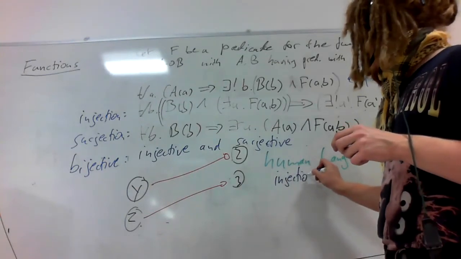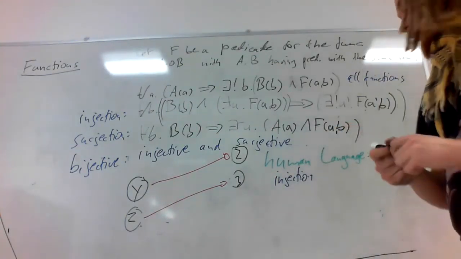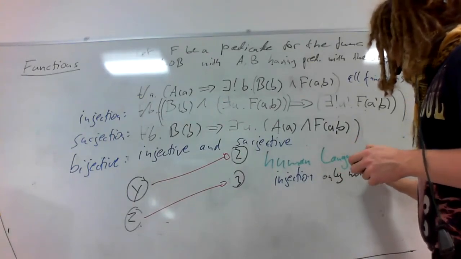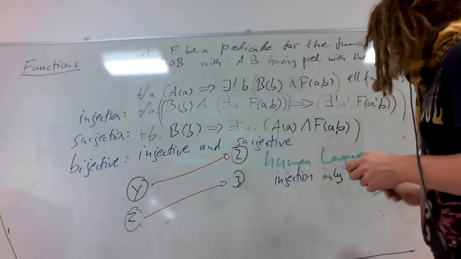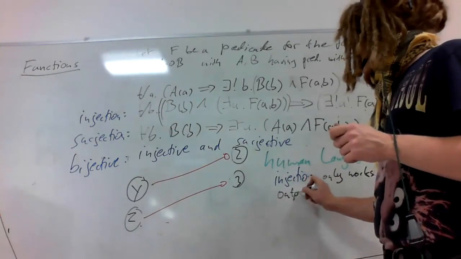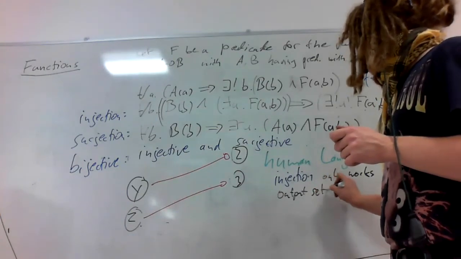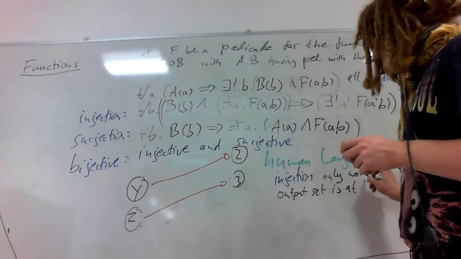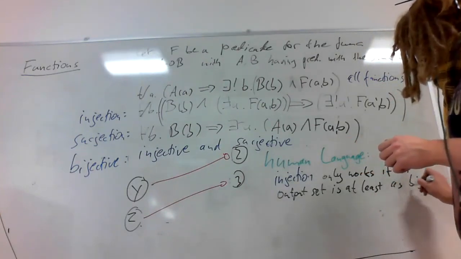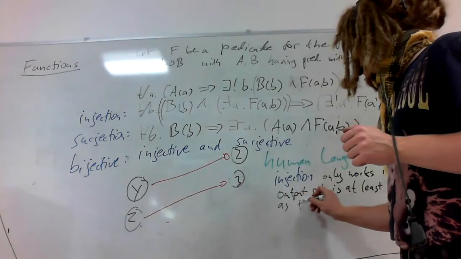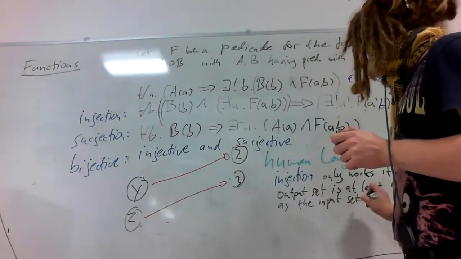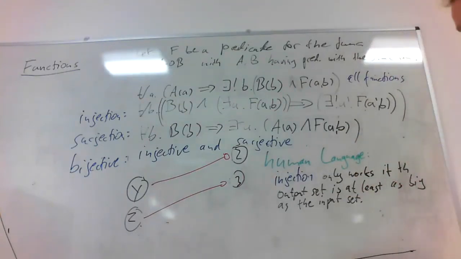Injection only works if the output set is at least as big as the input set. Don't take this out of context.